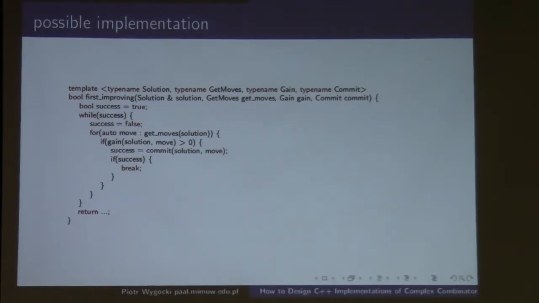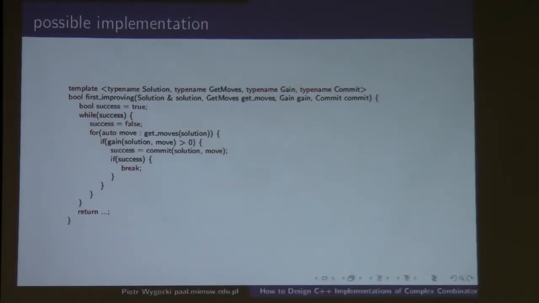And we have to answer the question how to extend this code. So assume that we would like to print. Okay, someone wrote these three functors, and now we would like to run our local search and print each move that was committed.